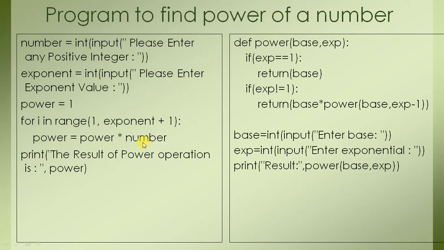Now in this power question, here is the base, that is the number that you want to raise to the power of. So this is the basic difference between a program of x to the power n and factorial.